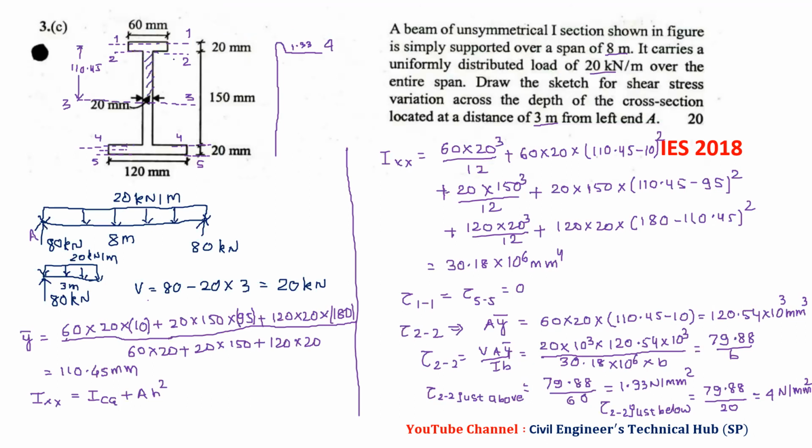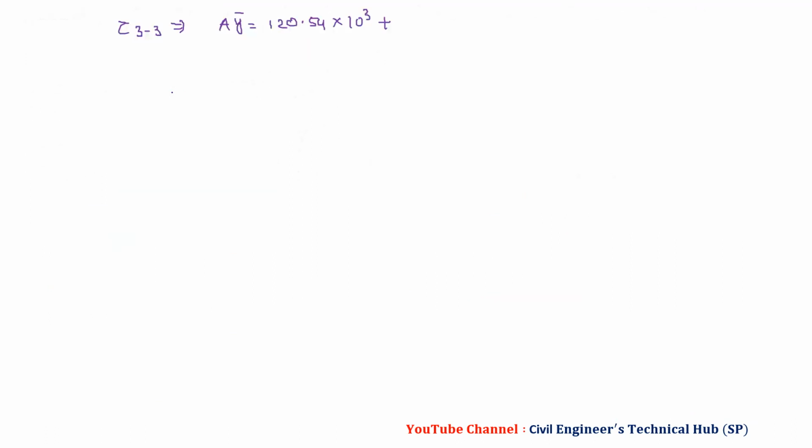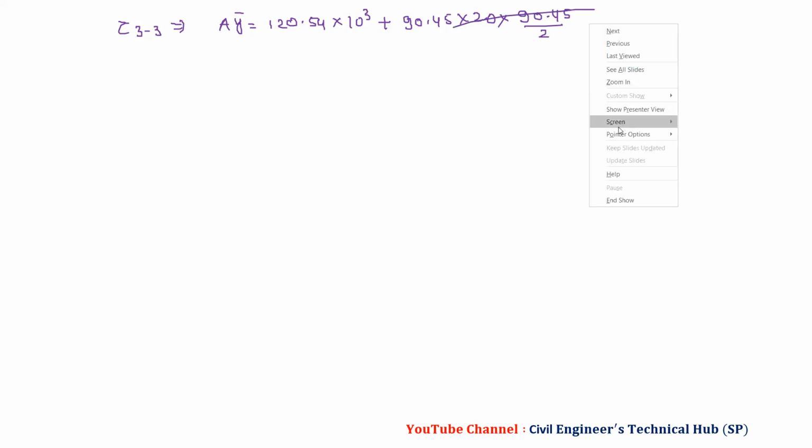What is the depth of this part? This is 90.45. We have to add this area and its y bar, so we have 90.45 into 20 into 90.45 by 2.